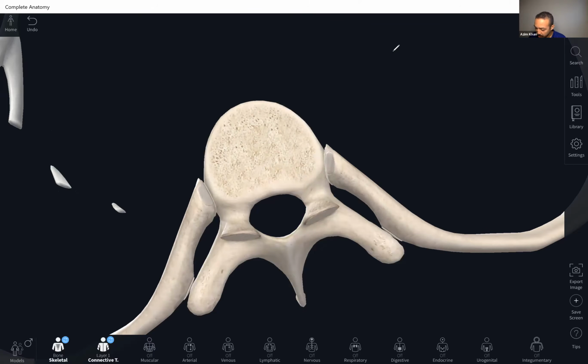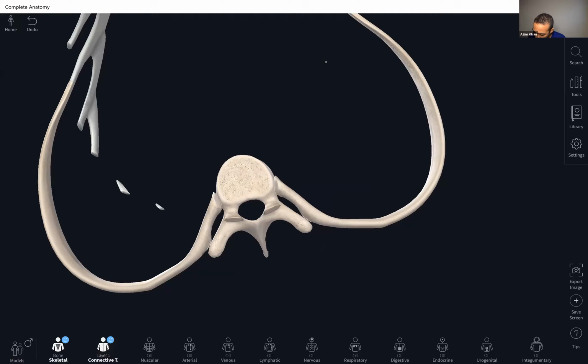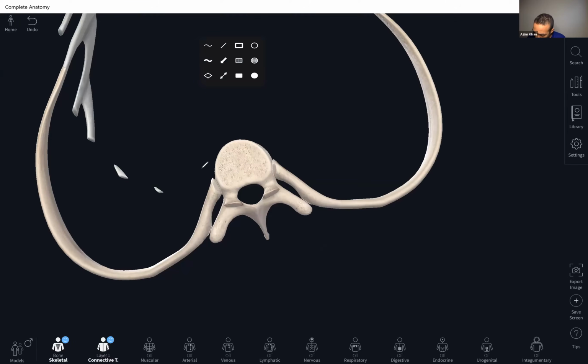You can see the head of the rib, and then this protrusion is the tubercle. The tubercle articulates with the transverse process of the thoracic vertebra.